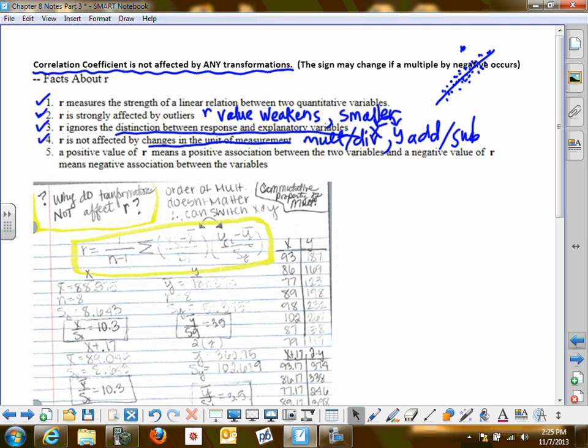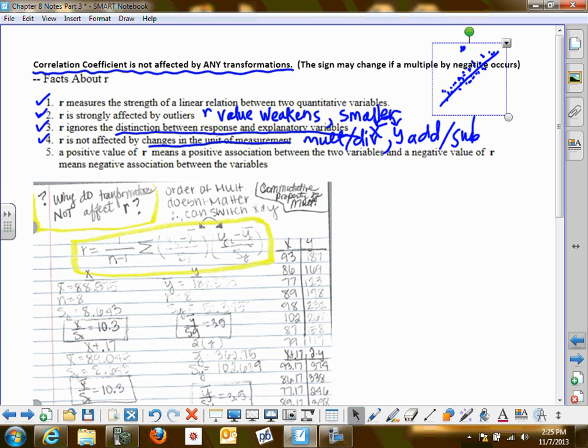Because for addition and subtraction, think about this. I take this correlation and I scoot it this way. The correlation, the way that they are correlated around the line, does not change if they had all moved. Okay? It's just shifted. So adding is not changing the correlation around that line.